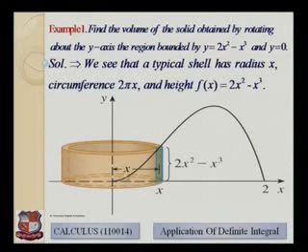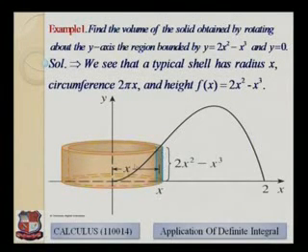Here is the figure of that graph. This is the given curve, f of x is equal to 2x square minus x cube, whose radius becomes x, and this portion represents the height of that particular figure.